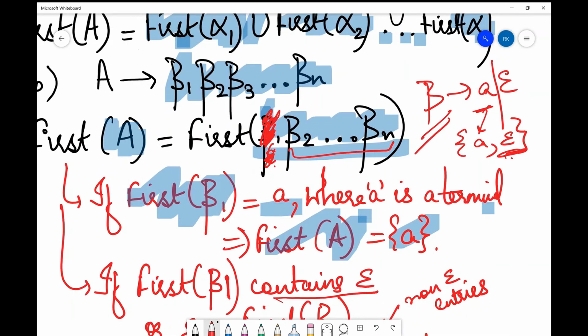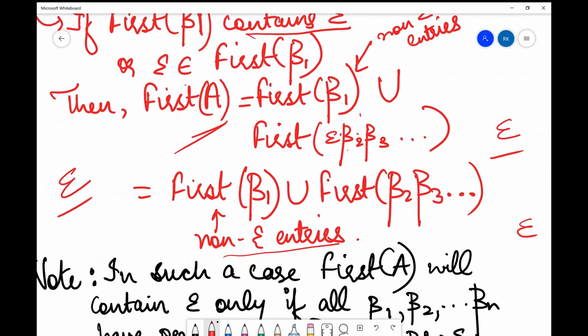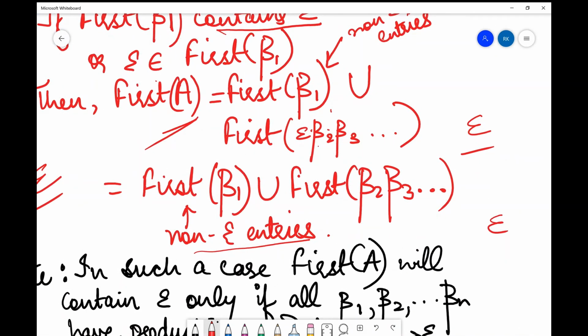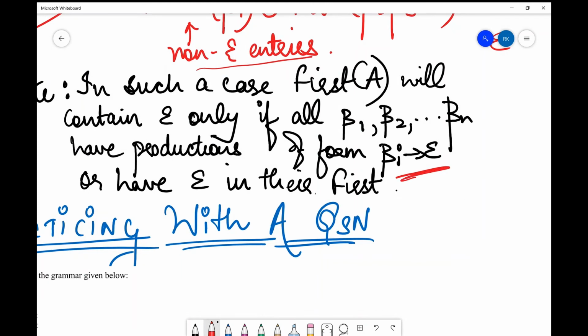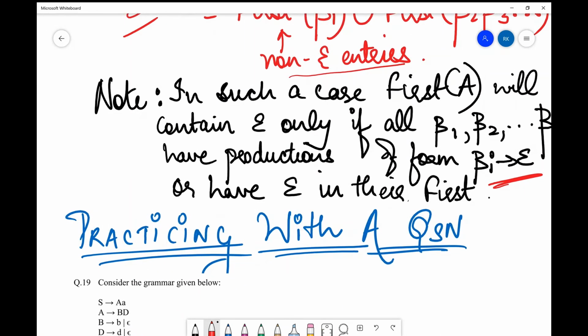It will contain epsilon only if all of these have epsilon in their first, or they contain a production of this form, bi goes to epsilon. Okay, so that's all for the rules for first, and now let's practice this with an example.